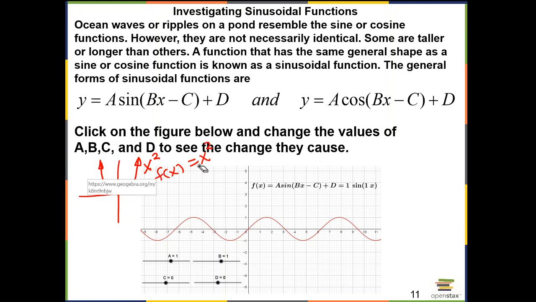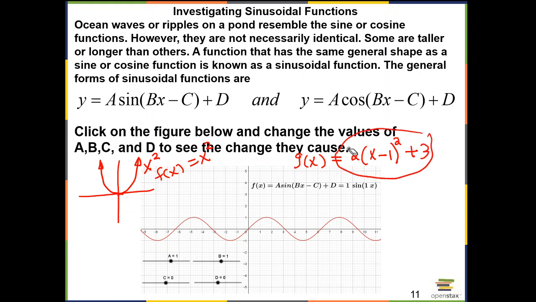I can make another function, g of x, and maybe multiply x squared by some number, and then subtract some number from x, and then add some number. So this function is nothing but transformations of that function, right?